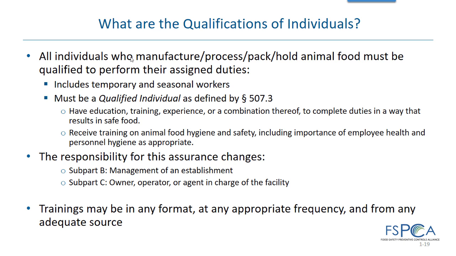The responsibility for making sure that your workers are qualified individuals changes depending on which subpart we're talking about. In subpart B, the management is in charge, and in subpart C, the owner, operator, or agent in charge of the facility must oversee that part.